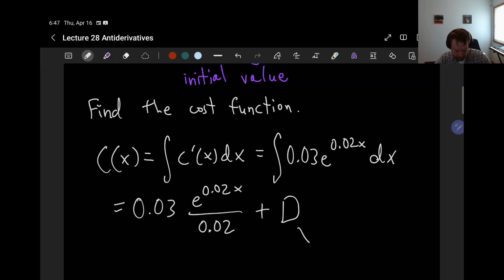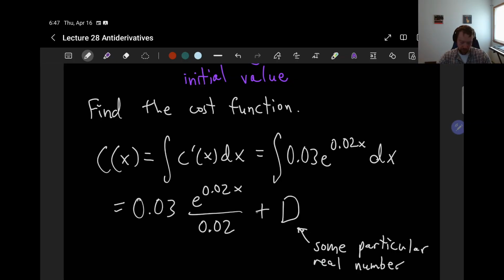So in this case, this is some particular real number we need to find. Right? Because we could have some plus 2, plus 1, whatever, and that would give the same derivative. So we don't yet know what this is. And when we're doing a word problem, this plus d is just one particular thing.